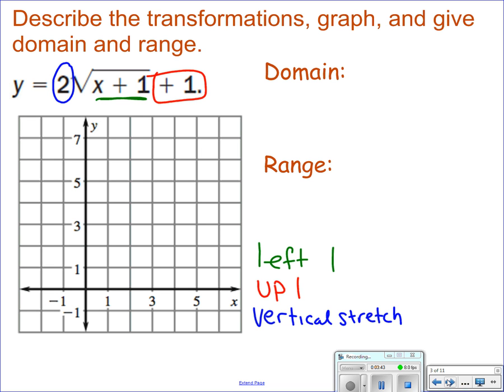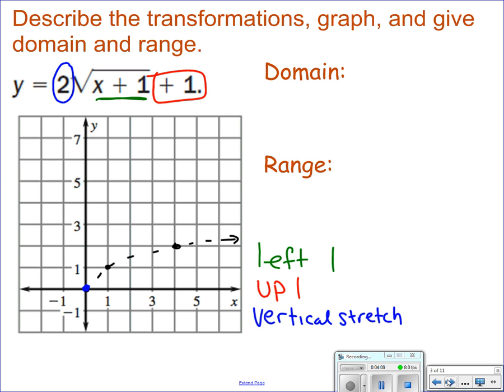Now, on the first slide, I graphed the parent function, y equals root x, and I'm going to put that in dashed. You don't have to put that in if you don't want to. I just want to show you guys what it looks like when it's stretched. So that's your parent function. Now, basically, I'm going to take this function, and I always start with this point 0, 0.